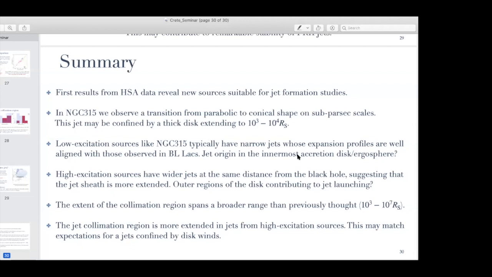So above and below this hot flow, a jet is forming. So how can this flow then collimate the jet if it feeds it? In other words, the bottom of the jet is the top of this thick disk.